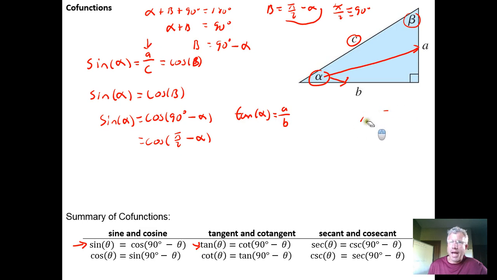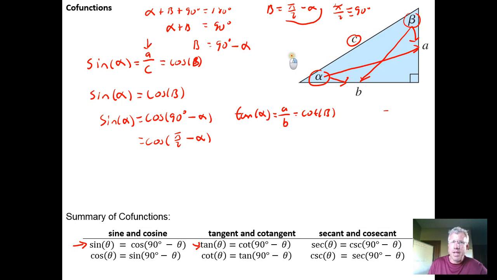Well, now let's look at beta. How is the cotangent of beta defined? Cotangent beta is adjacent over opposite.